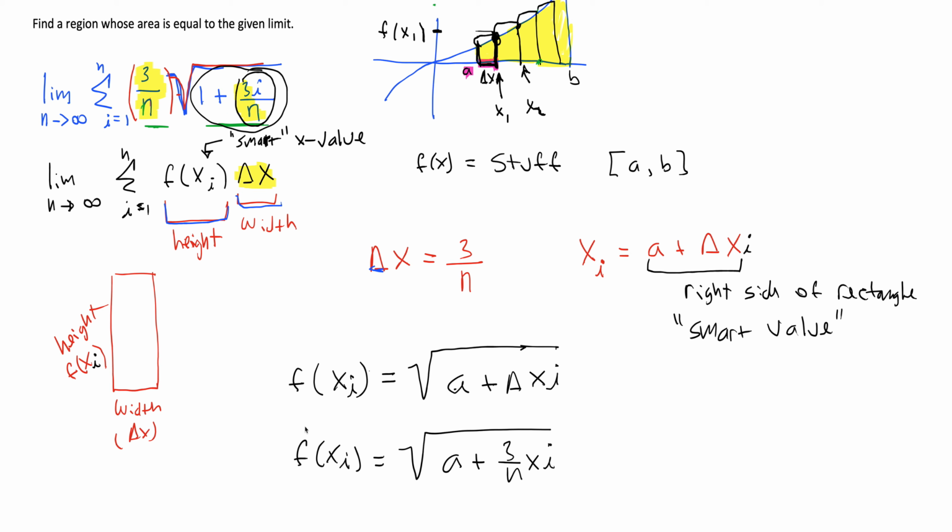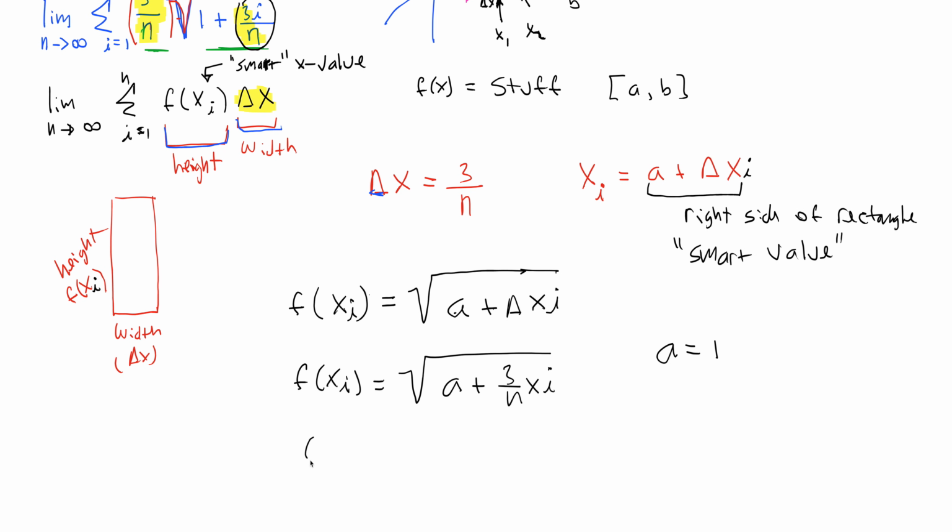Not quite, but if I say a is 1, it does. So we're going to say a is equal to 1. If a is equal to 1, then f of x sub i is equal to the square root of 1 plus 3 over n i.